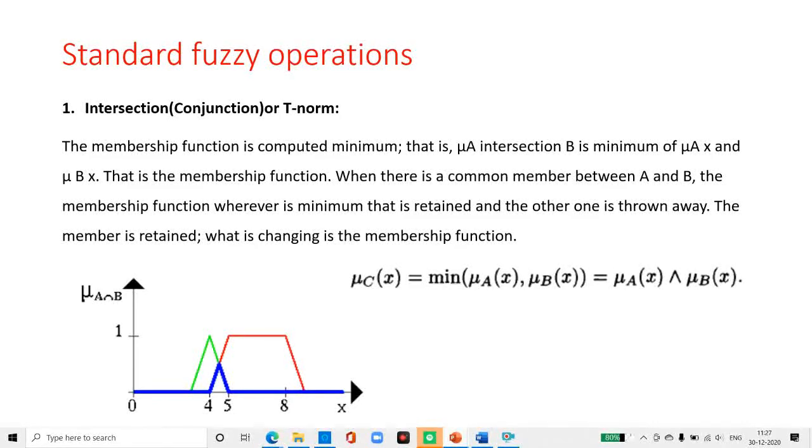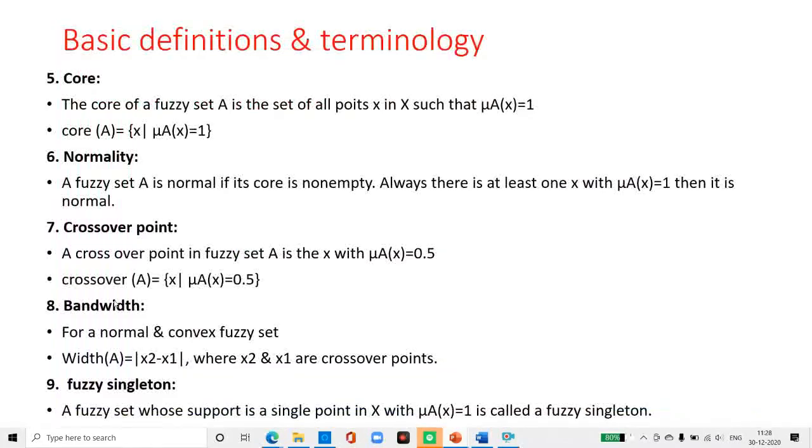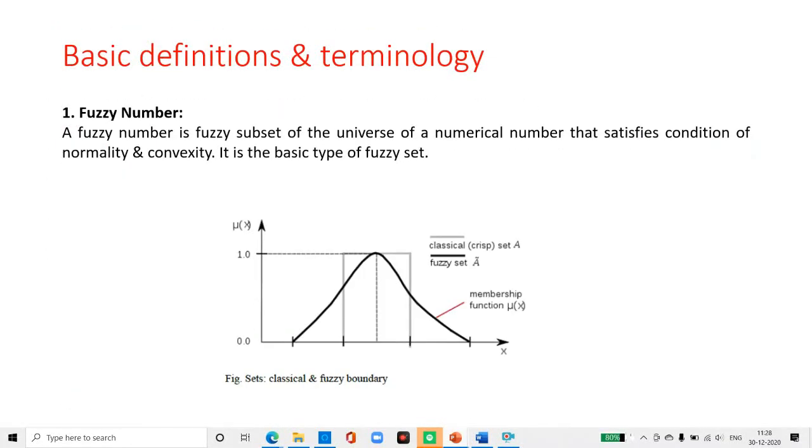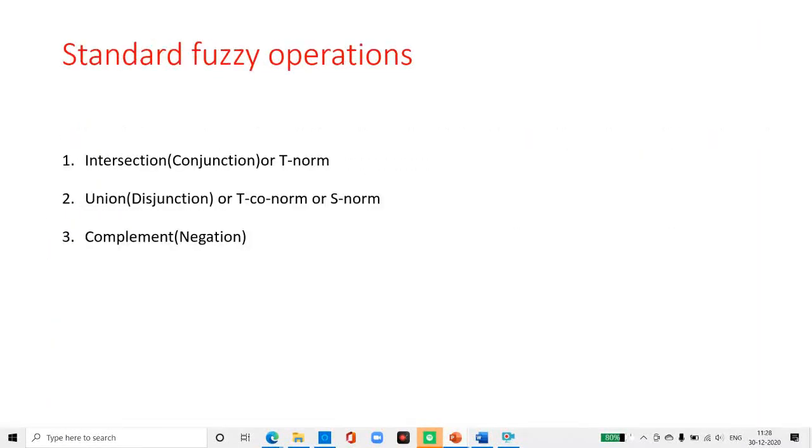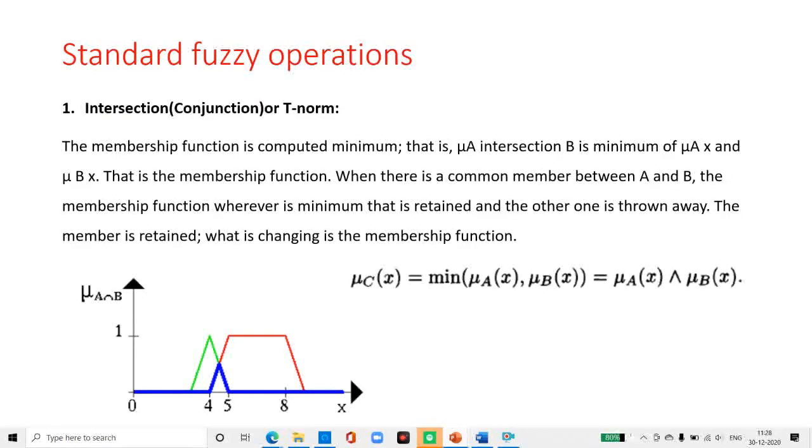So we can easily see the membership of A, the green set, intersection B. Here green is the set A. We are applying the membership function for A intersection B. Previously we only had the set x, but in this case we have two sets, A and B, and we have to intersect these two sets and apply the membership function.